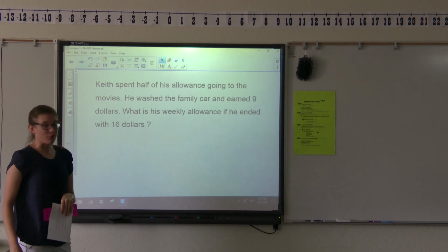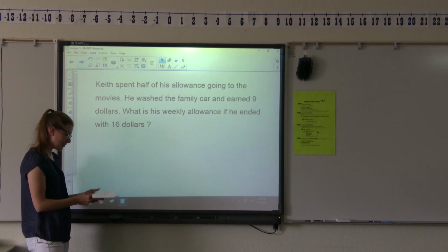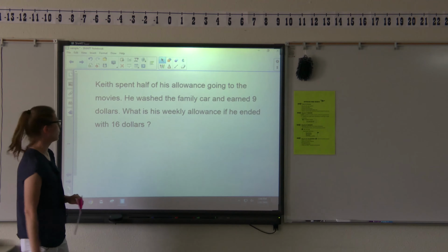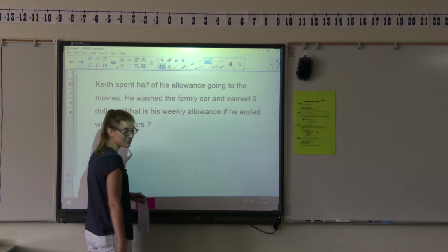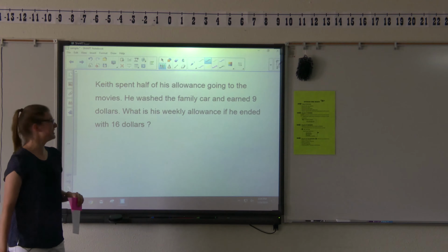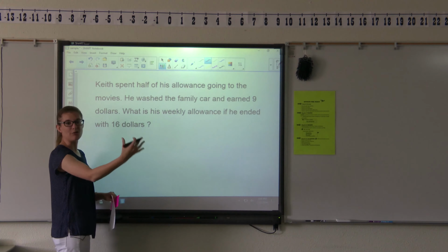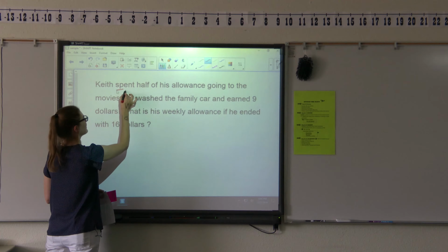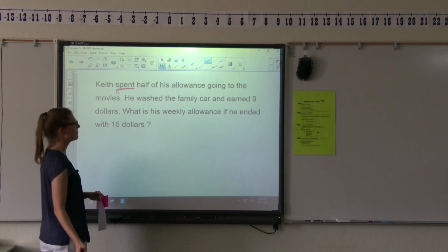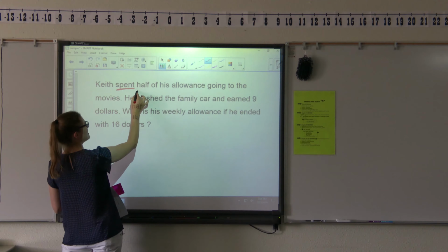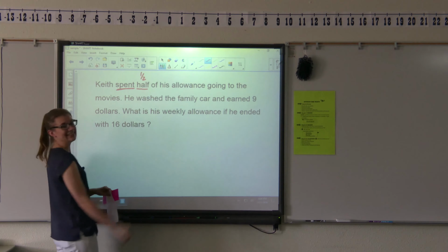So with the example for Keith, I'm looking through this, underlining symbols or words, and I like to point out to the students that sometimes they're hidden. Keith spent. Spent means gave away, got rid of. That's a mathematical word. That's hiding subtraction in there. Half. It's not written out as a number, but half is a number.